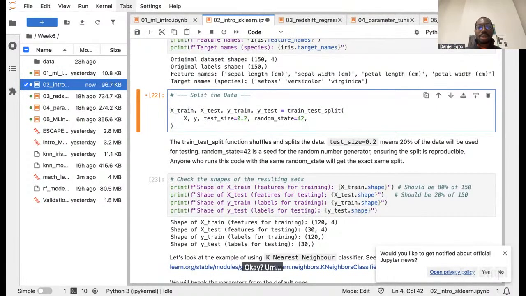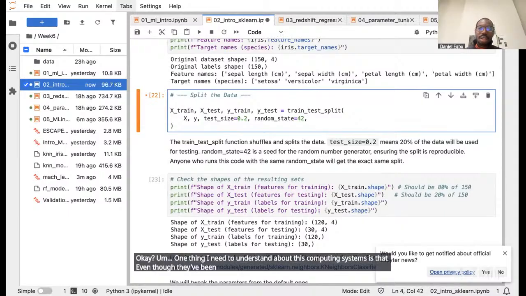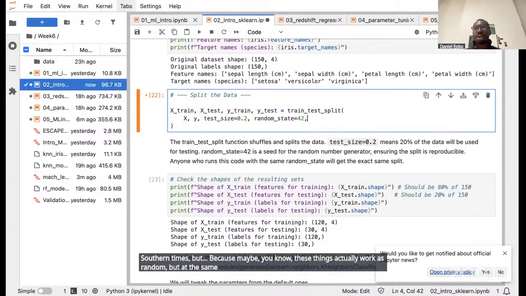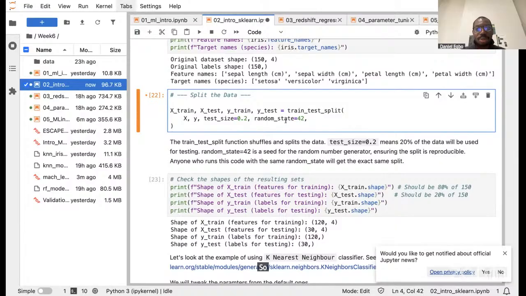One thing to understand about computing systems is that even though they've been designed carefully, the precision can change at certain times, because these things actually work as random. At the same time, you need to make sure that you're able to keep the random states the same.